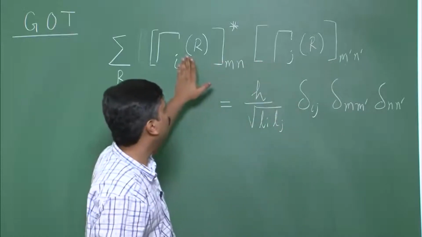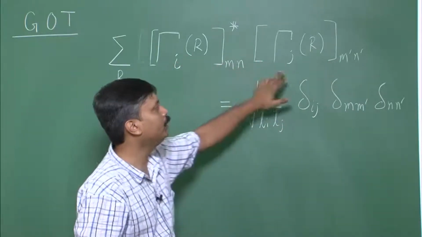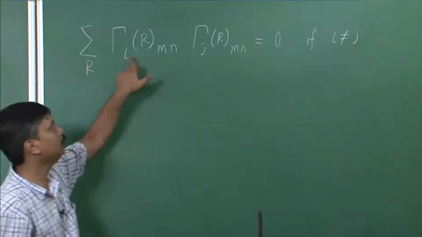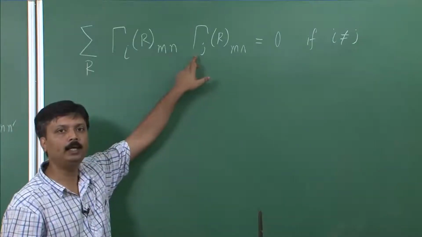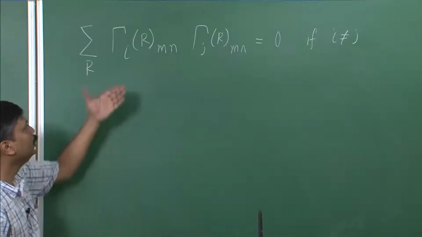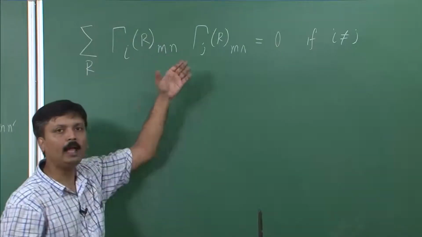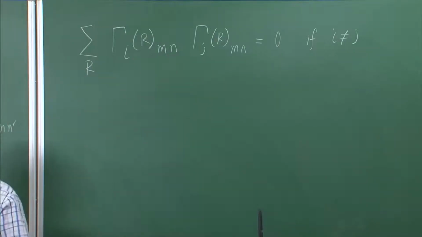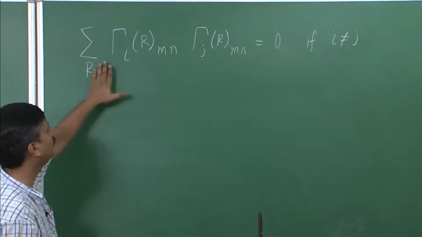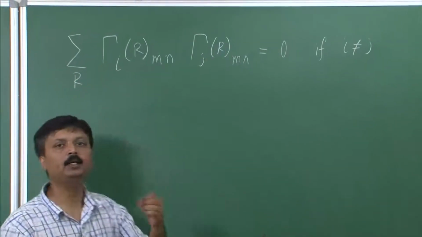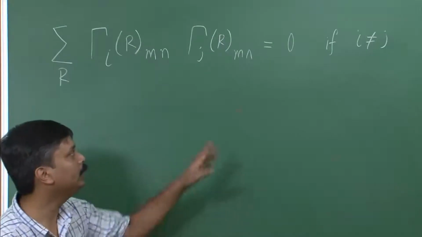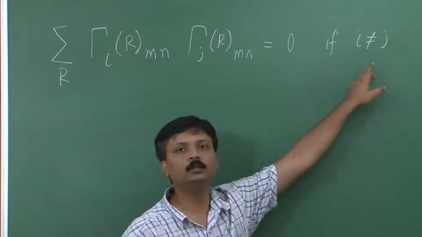Now we are choosing from 2 different irreducible representations corresponding to i and j. So ith and jth irreducible representation. So this product and their sum over all the symmetry operations will give me 0 unless i is equal to j.